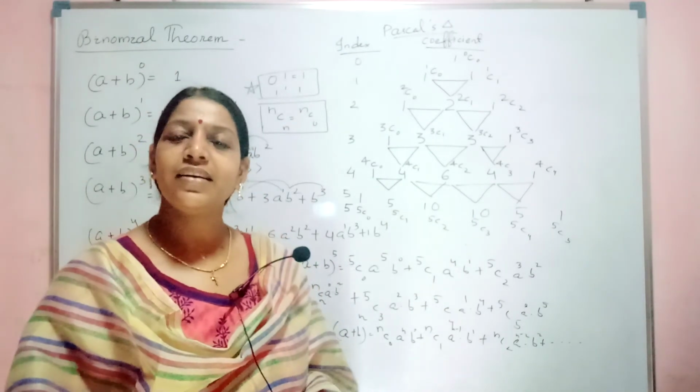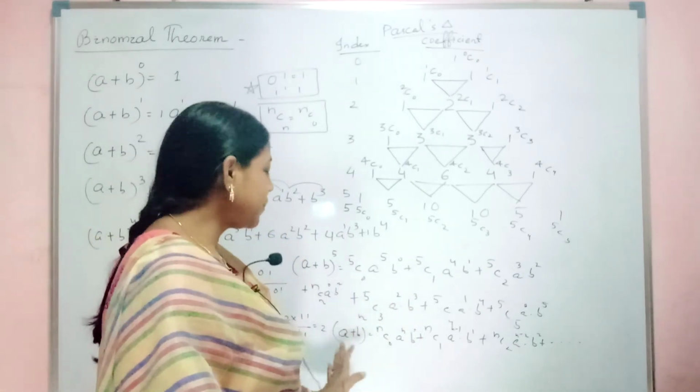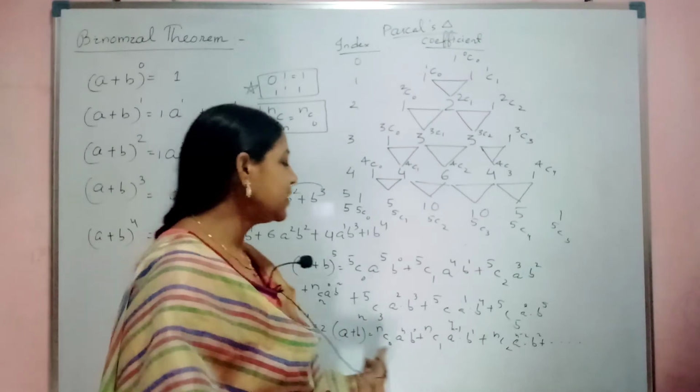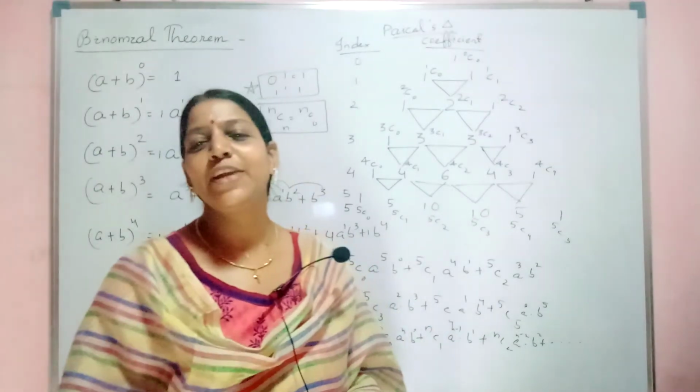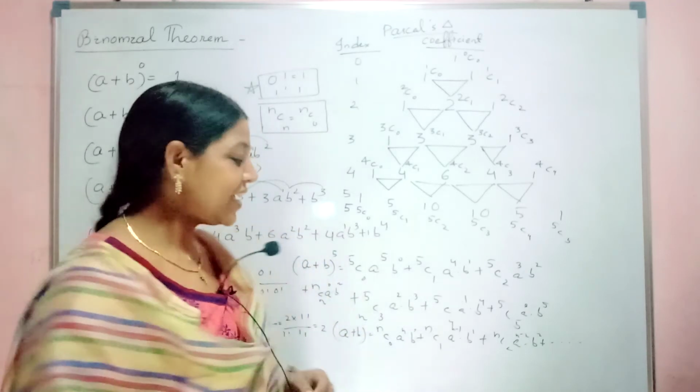Now let us see the compressed form of this, which is nothing but (a plus b) to the power n. What we did is called binomial expansion. Let us write it in the generalized form.